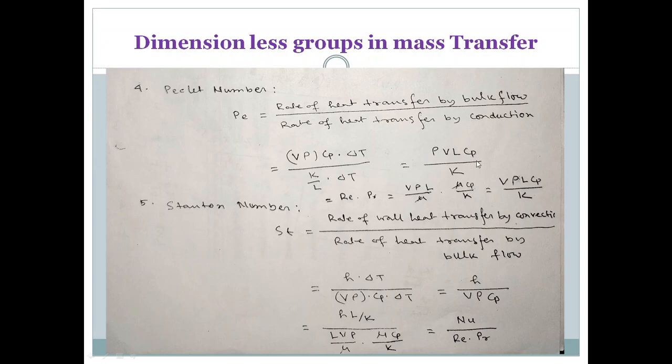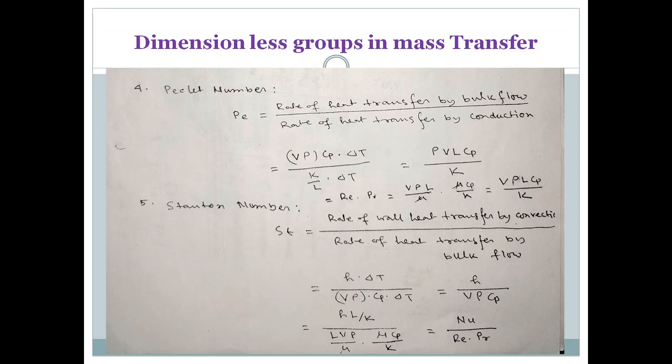This is the final form, the rate of heat transfer by bulk flow divided by rate of heat transfer by conduction. Now the Peclet number is the product of the Reynolds number and the Prandtl number. Reynolds number is V rho L by mu, Prandtl is mu Cp by k, so the product gives this.